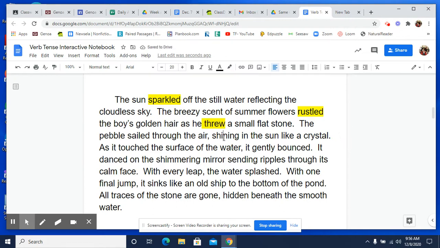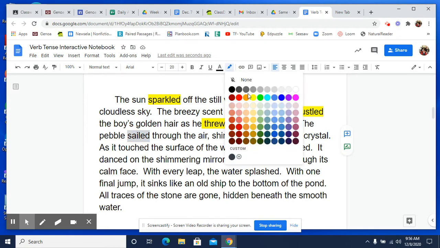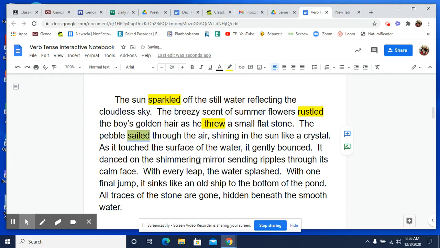The pebble sailed through the air, shining. Oh, sailed, sorry, because that's the verb. Shining in the sun like a crystal. Now, we don't look at shining because it's more of a participle and it's a phrase there, but the verb is sailed. That shows that it's past tense.